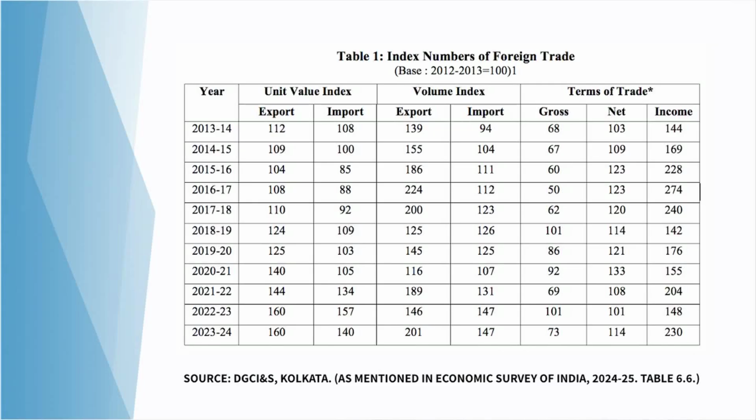The income terms of trade exhibited a significant increase from 144 to a projected 230, highlighting enhanced purchasing power from exports relative to import cost. This trend reflects improved economic conditions and greater efficiency in trade.